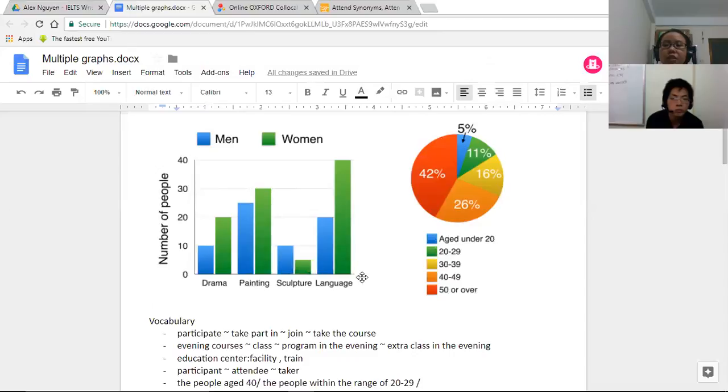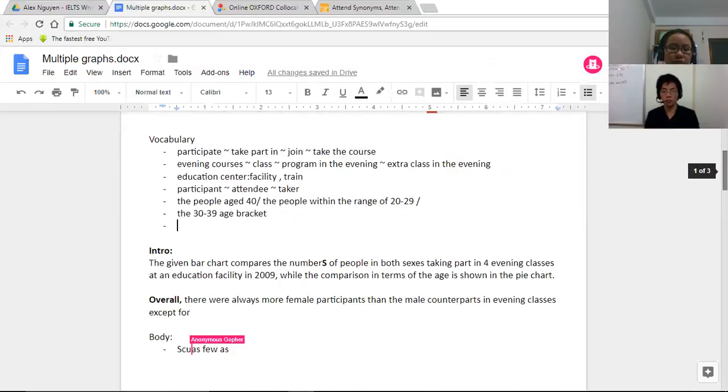Particularly the phrase as few as. I think I can use the phrase as few as for sculpture. Yeah, because I can say that 30 women in painting, but as few as 5 women in sculpture. That is comparison language.